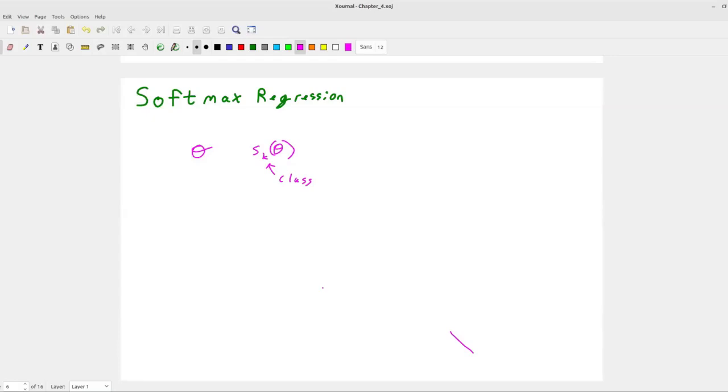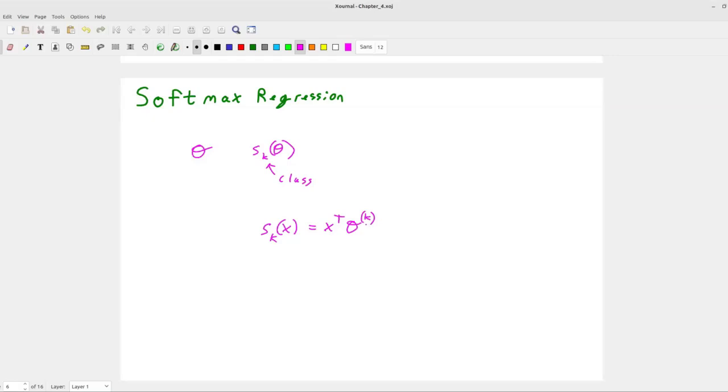And subsequently estimate the probability of each class by applying the softmax function, also known as a normalized exponential, to the scores. So it looks very similar in that our basic equation now is s_k of x is equal to x transpose theta for a particular class k.